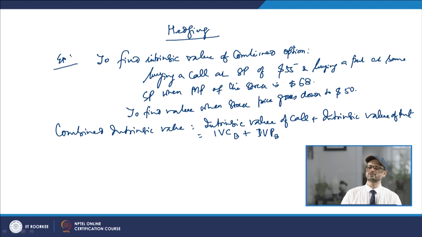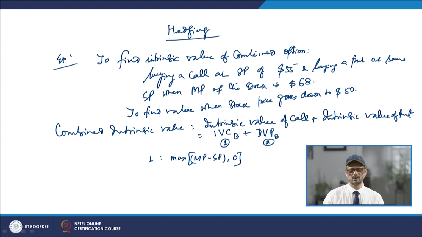Now this is buying, so that's why you have B as the subscript. As we can recall, this is 1 and this is 2. Now 1 is the maximum of MP minus SP and 0, plus the maximum of SP minus MP and 0.